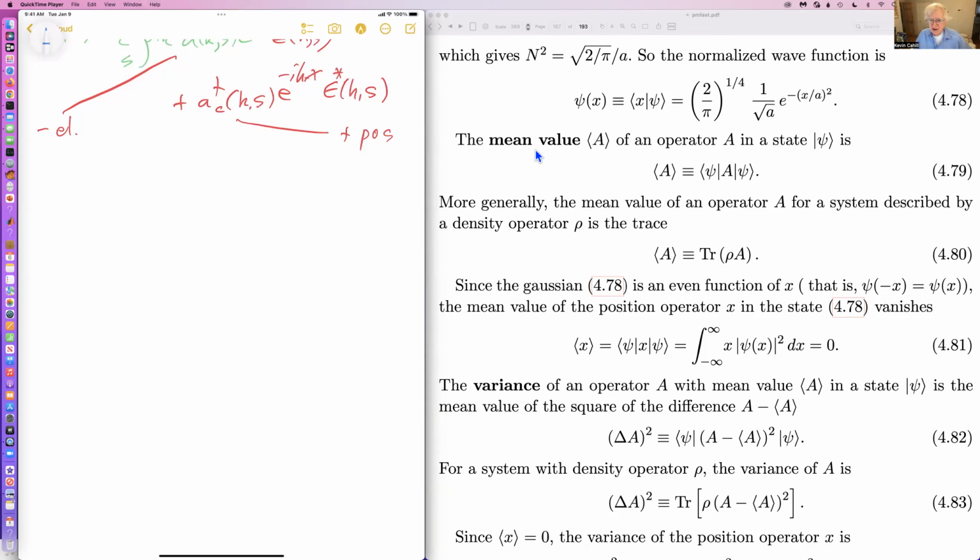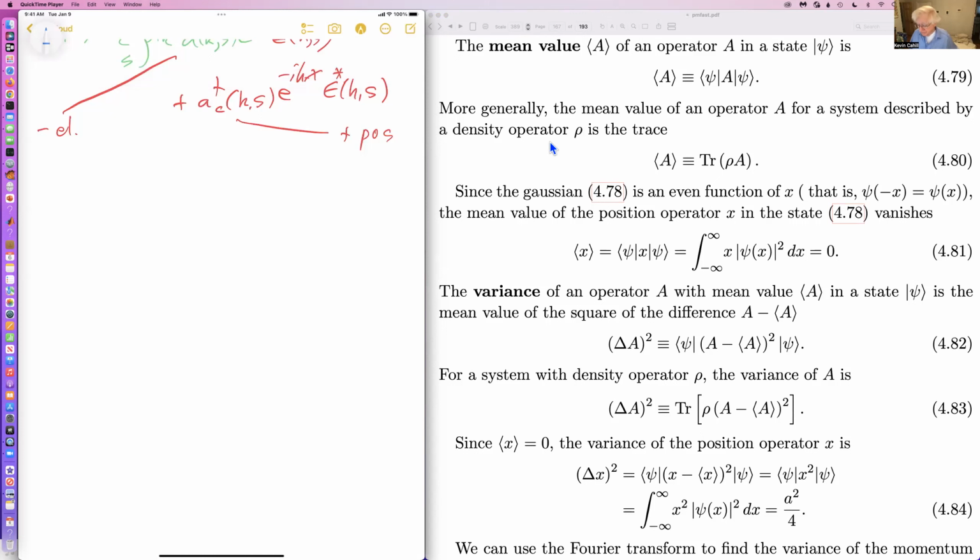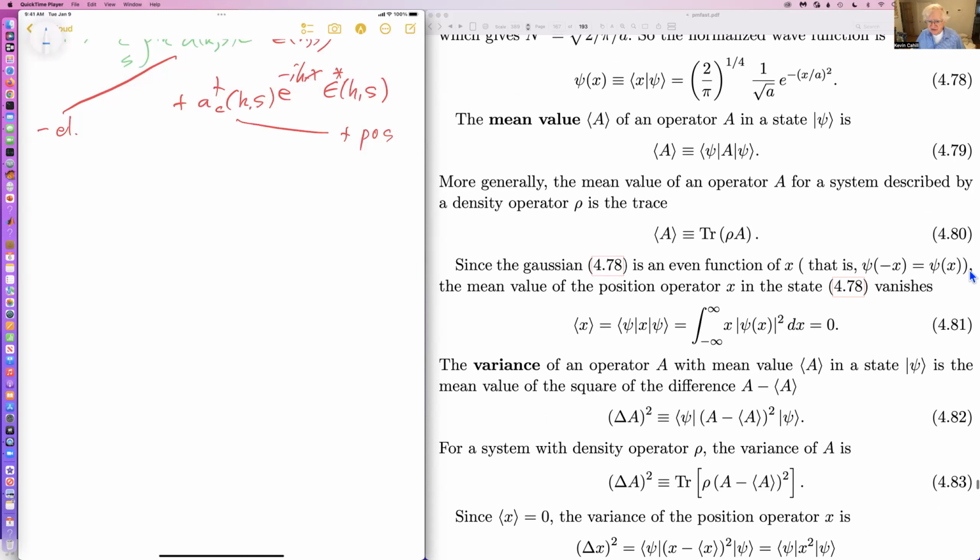So the average value of an operator in a state psi is psi, the operator, psi. And that's if the system is in a pure state psi. If, on the other hand, it's more generally described by a density operator, then the average value of the operator A is the trace of rho times A. This Gaussian here is an even function of x, and so the average value of the position operator vanishes, in this state at least.